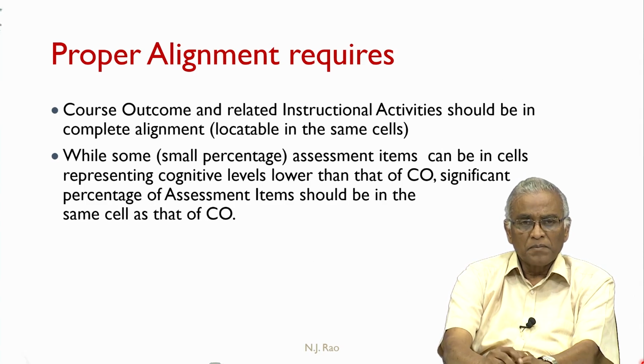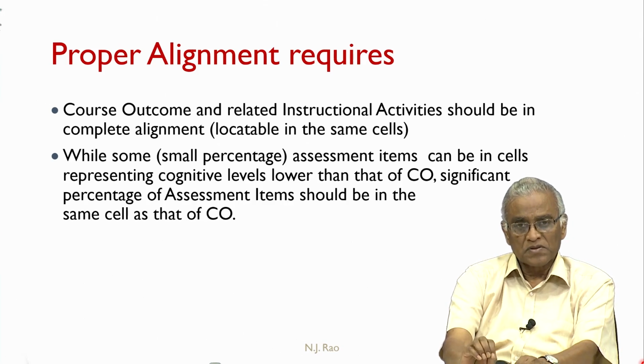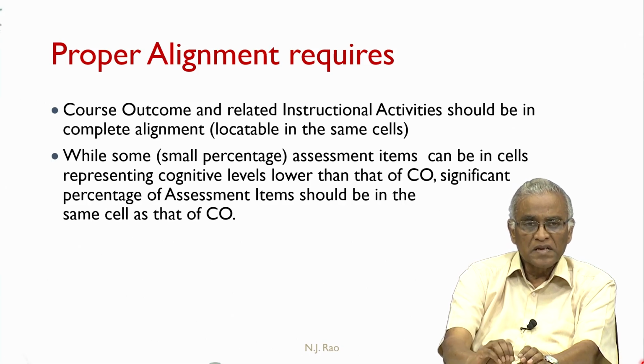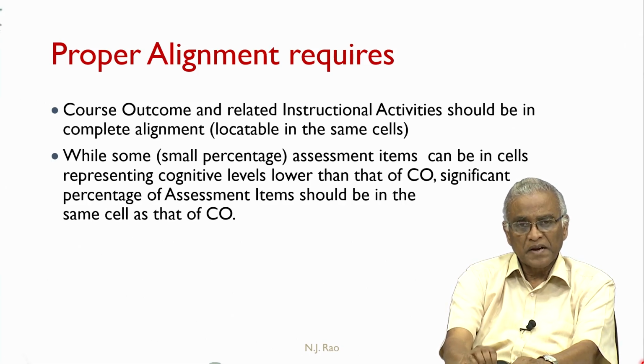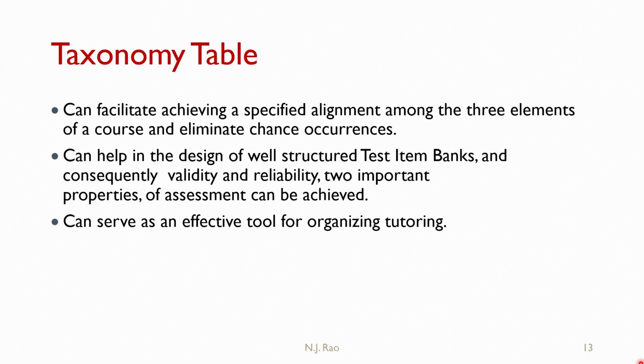While some, that is a small percentage of assessment items can be in cells representing cognitive levels lower than that of the course outcome, a significant percentage of assessment items should be in the same cell as that of the CO. So what can taxonomy table do for us?